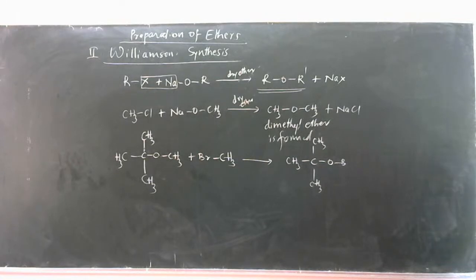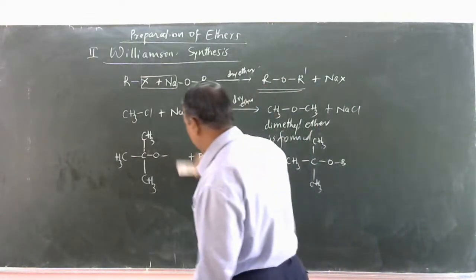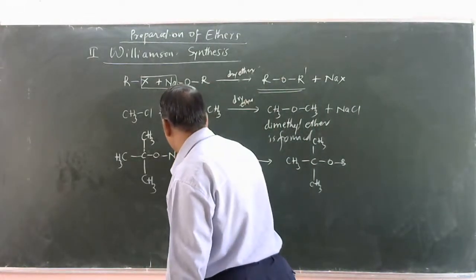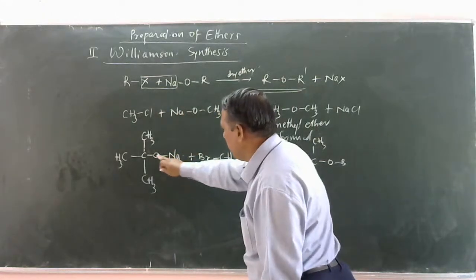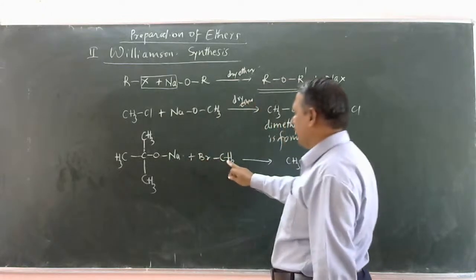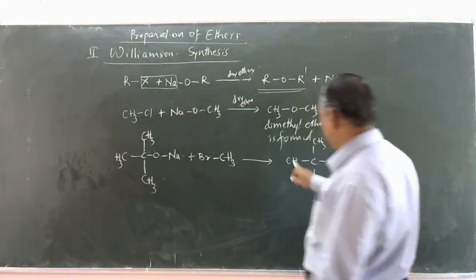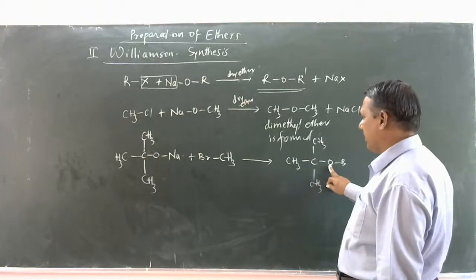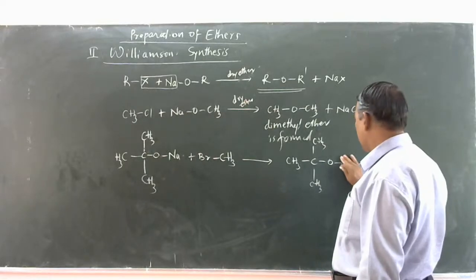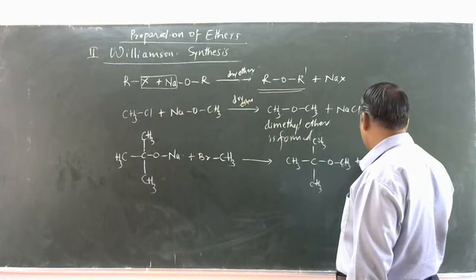Are you clear? Here it is not CH3ONa, it is a sodium alkoxide. Then we will get sodium tertiary butyl alkoxide, which reacts with methyl bromide, and we will get (CH3)3COCH3 plus NaBr.